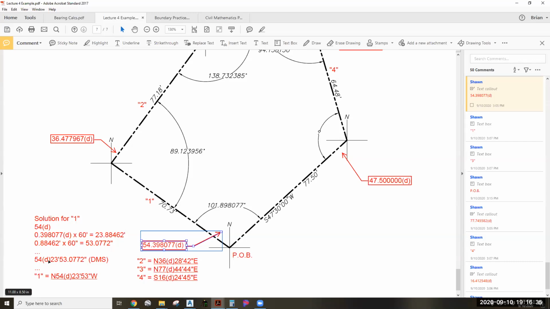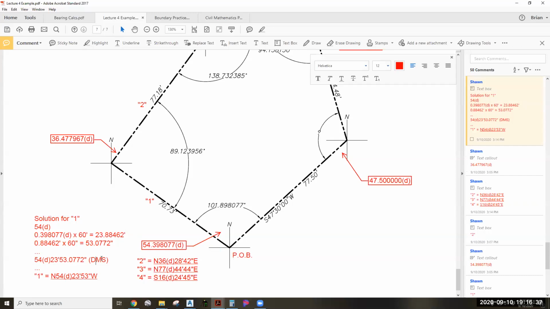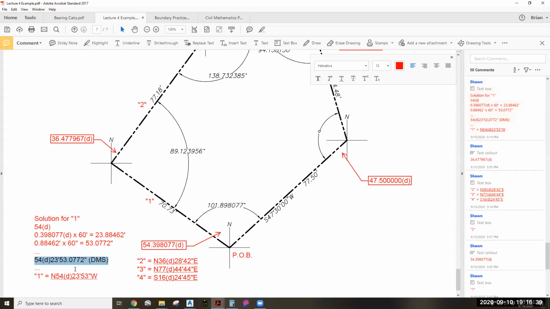Now when I put it here, keep those decimals just handy for when you're going to draw this thing. Decimals are helpful when you're drawing, but when we're annotating, we want it to show just what I've put here on the bottom. But instead of putting the D in CAD, you'll put the degree symbol.